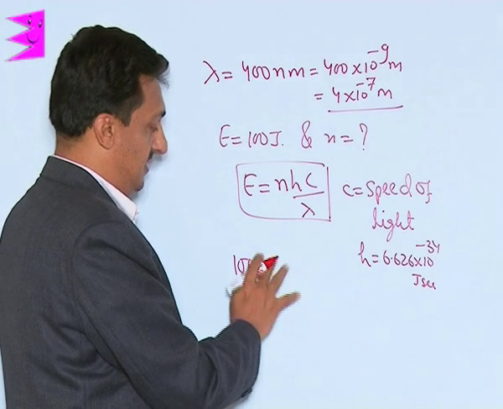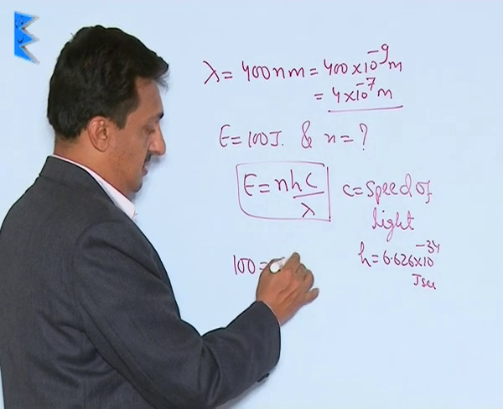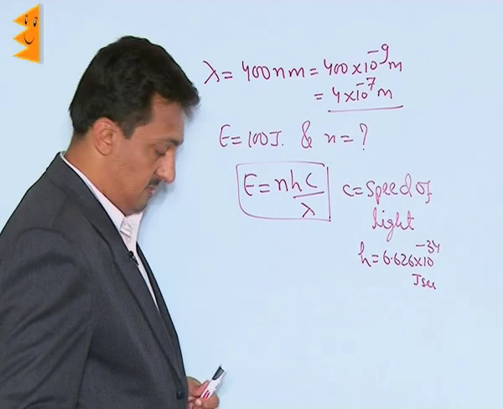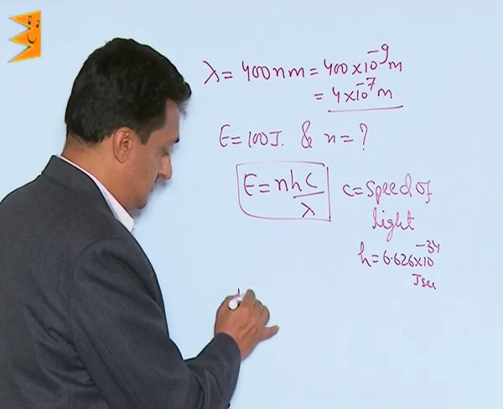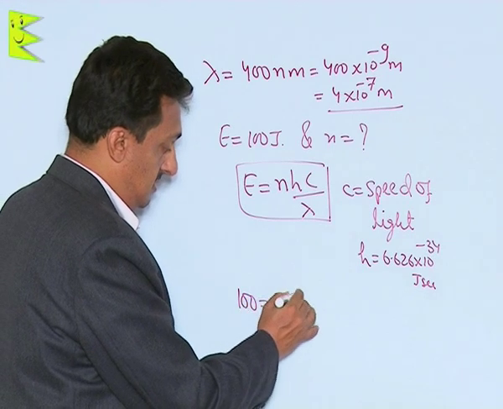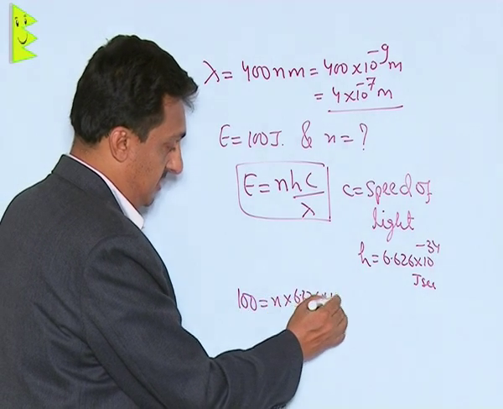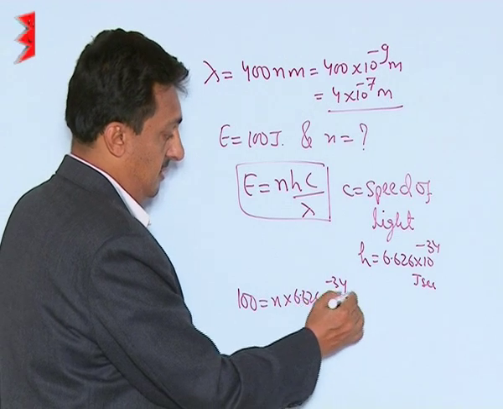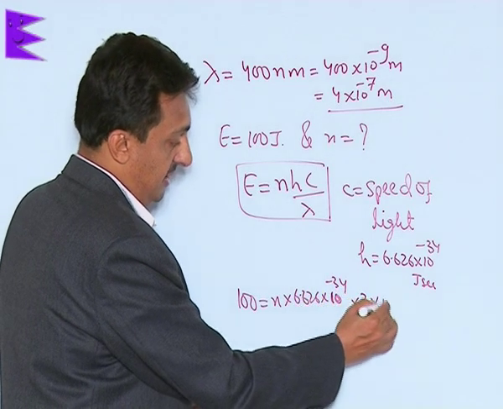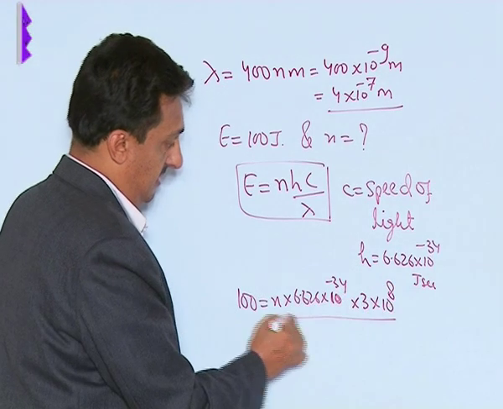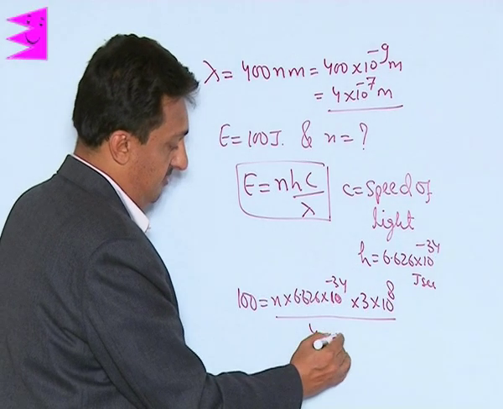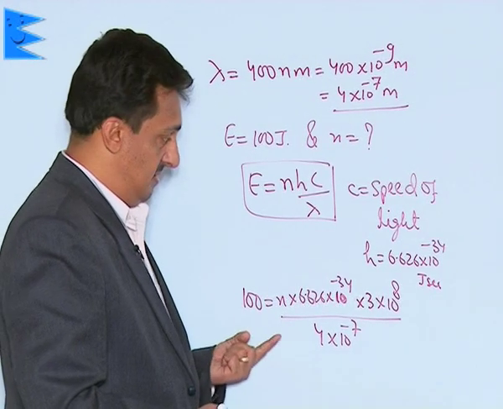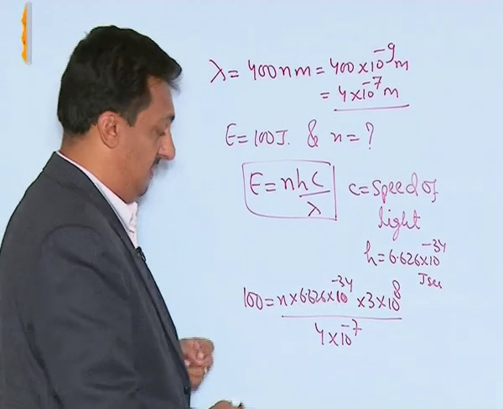So we'll put these values here: 6.626 into 10 to the power minus 34 into 3 into 10 to the power 8 divided by 4 into 10 to the power minus 7. So this is how you have placed the values in the formula.